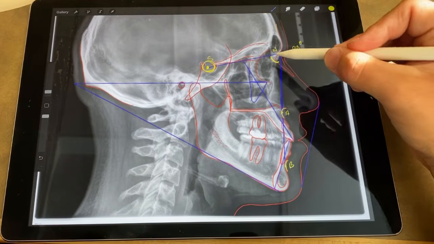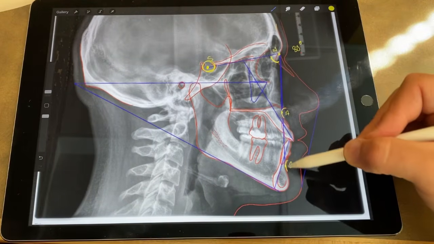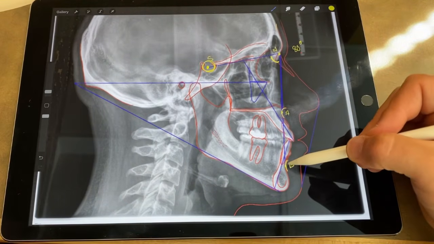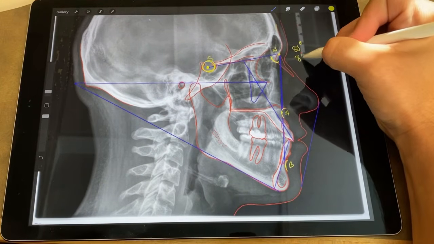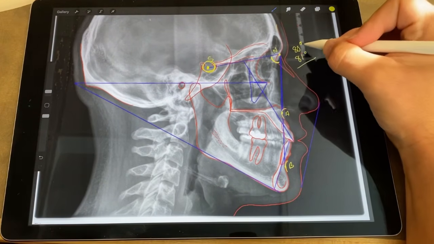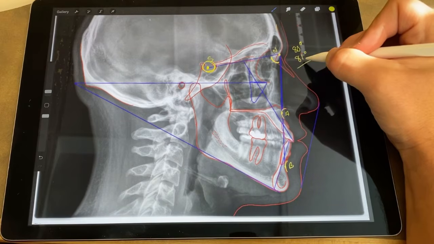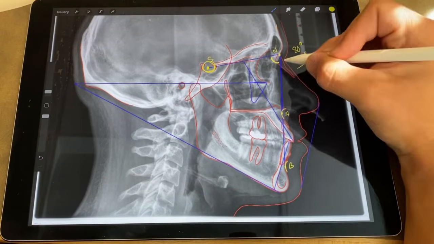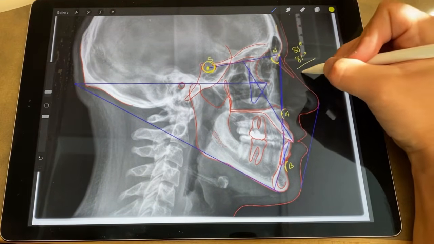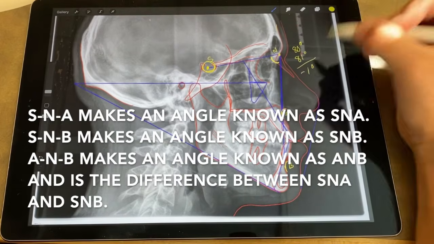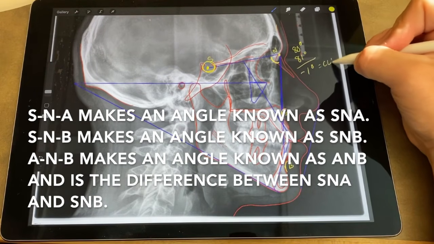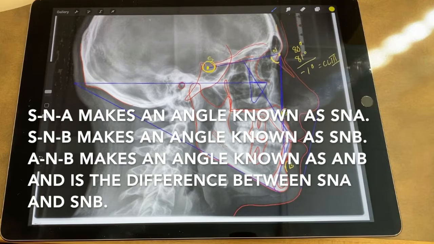Now you can see they're almost the same for me. In fact, B is a little bit ahead of A. So my B point is like 81 degrees. So SNA minus SNB is the difference of A and B, and for me that is 80 minus 81, which is minus 1 degrees, which means I am class 3, right?